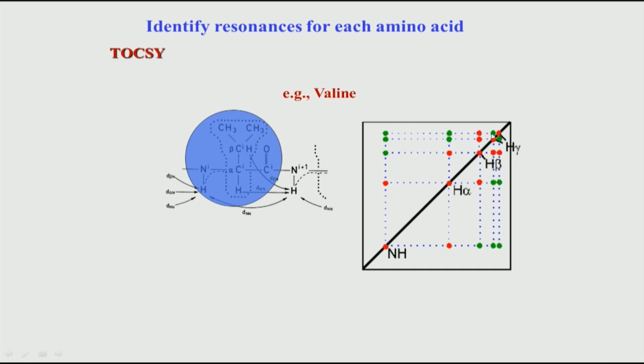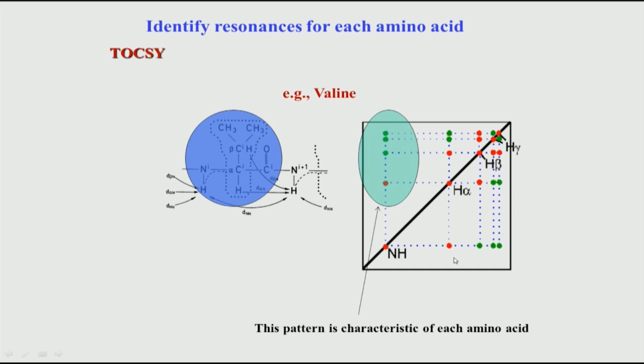Those in red are the COSY peaks, which are only next neighboring, 3 bonds away, but the green peaks are from TOCSY. So, this whole spin system is now joined or connected to each other, and that is how a TOCSY spectrum should look, and this is what we have been seeing in the TOCSY part of the course.